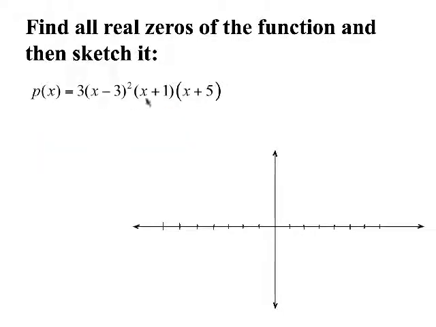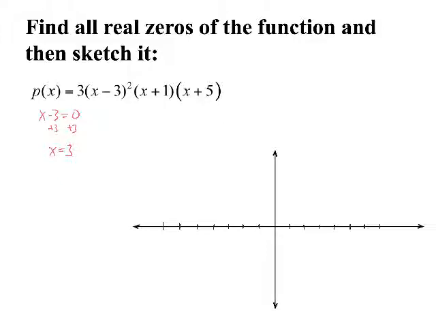Alrighty, we're going to find the zeros for this and then sketch it right here. So the zeros are what makes these factors 0. So we look at each one of these and we think what makes each piece equal to 0. All right, so what makes this equal to 0? Hopefully, if you solved it, you can see it's x equals 3.